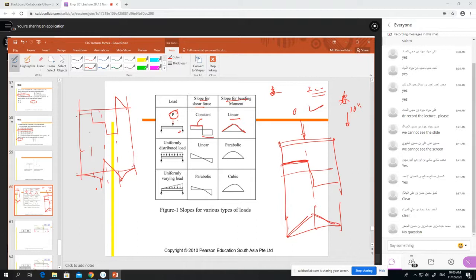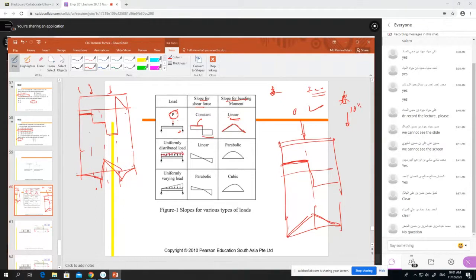So one more example. Here our load was like this, so our shear force diagram was constant, zero slope. And when the shear force is constant, we had an inclined, linear slope for the bending moment.